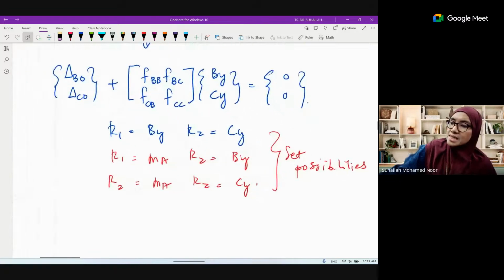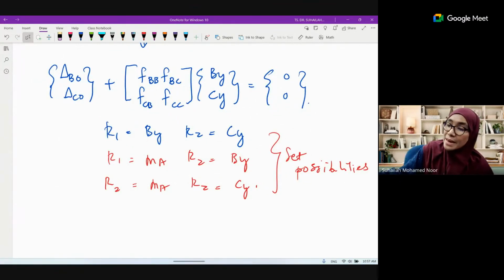So instead of labeling the redundants using A, B, C, we may have one standard form labeling the redundants using numbering. Instead of using B for redundant 1, we can change B to 1, and we can change C to 2.